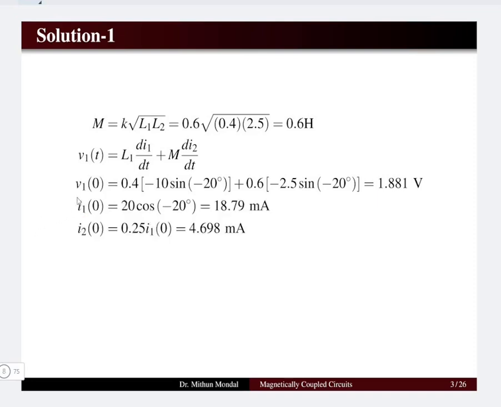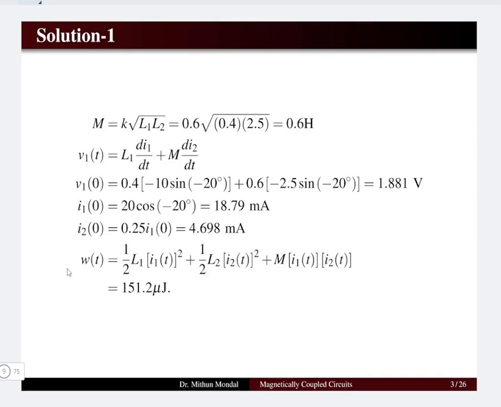Now at time t equal to 0, the values of the currents I1 and I2, obtained from the relationship of I1 and I2 in the time domain, are 18.79 and 4.69 milliampere.